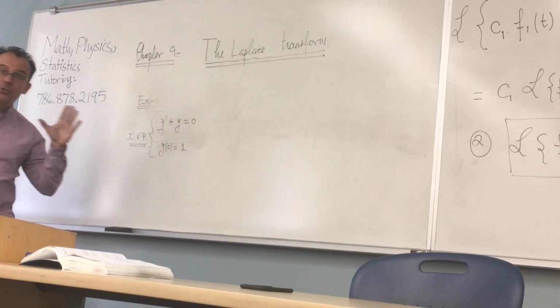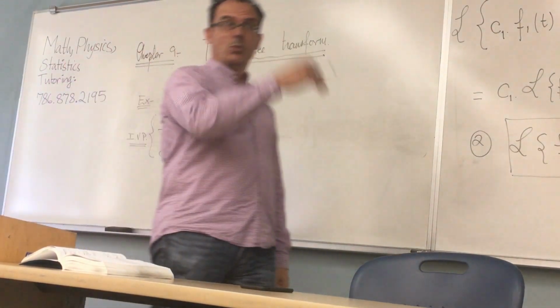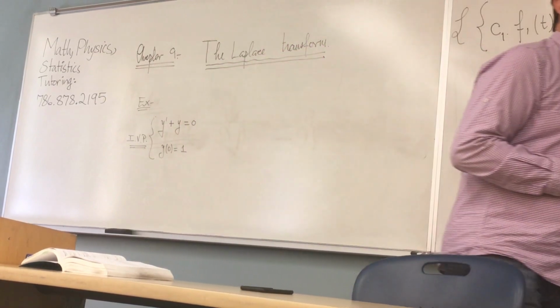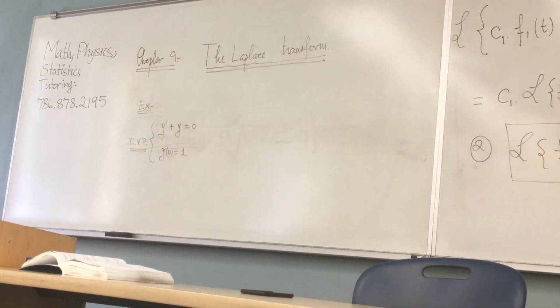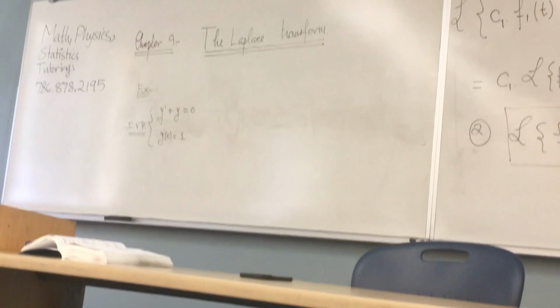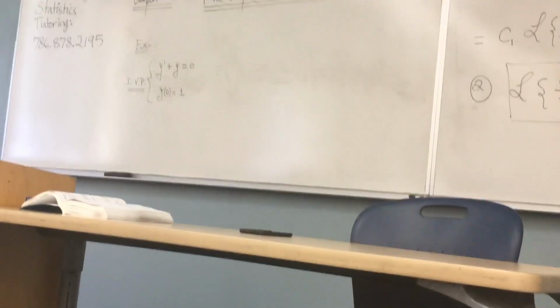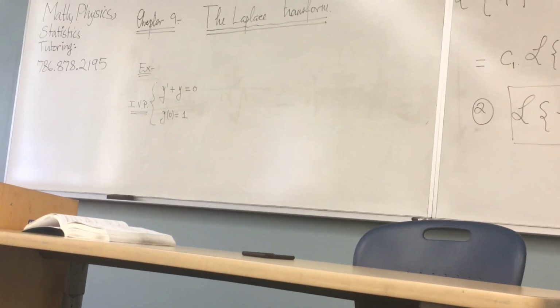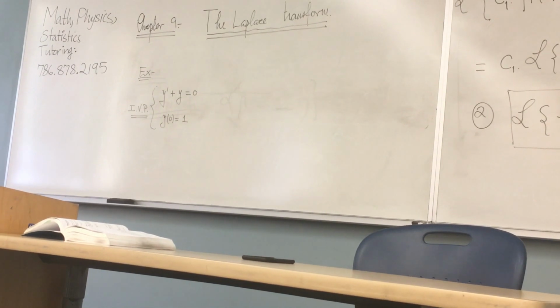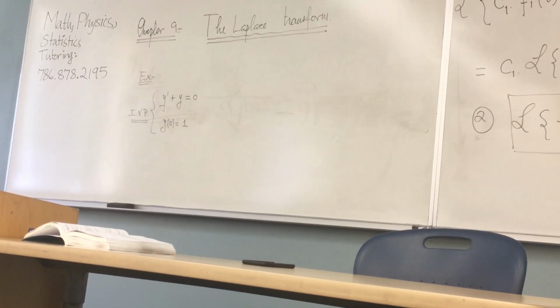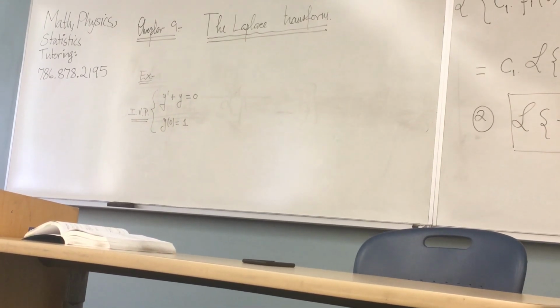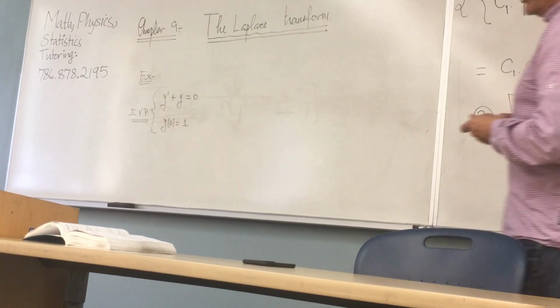We know how to solve this already from chapter 2. The question would be, with everything we know so far about the Laplace transform, which is chapter 9, how would you solve that using the Laplace transform? That's what we are going to do next.